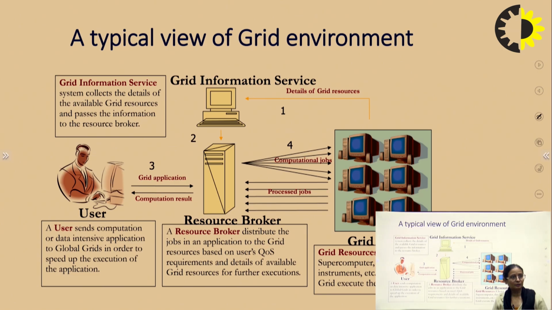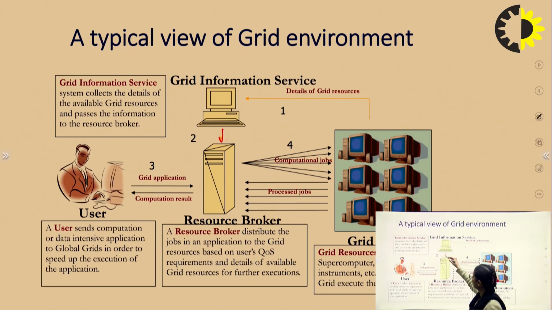This is a typical view of a grid environment. Here we have the grid information service, then the resource broker, the grid resources, and the user. The details of the grid resources are present at the grid information service. This system collects the details of the available grid resources and passes the information to the resource broker.